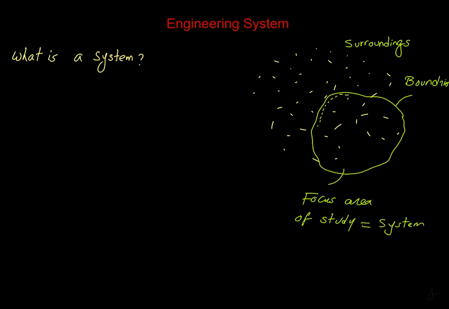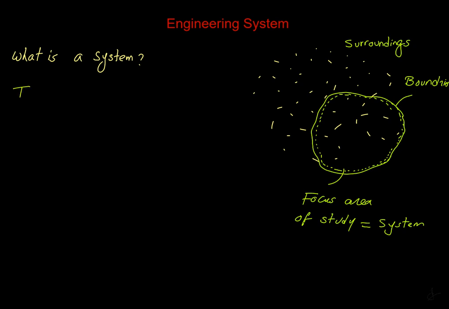It could be a real line or an imaginary line representing the separation between the area of focus to analyze and the outside area, which is the surroundings. So that's the definition of the system, and the system, as I mentioned, is completely defined by the boundaries and the surroundings as well.